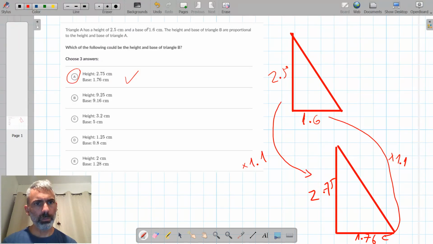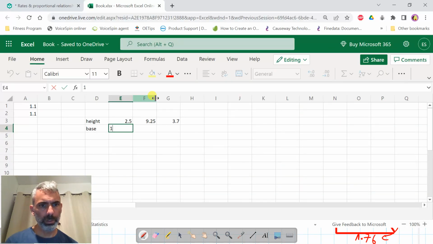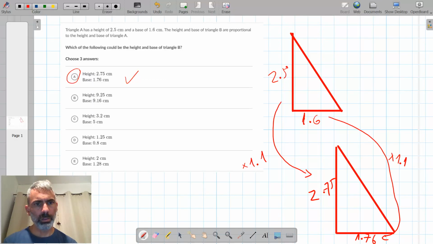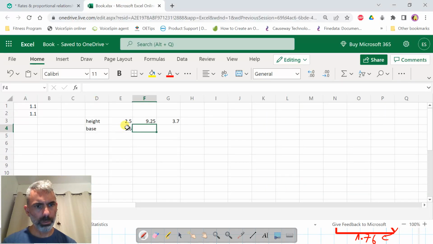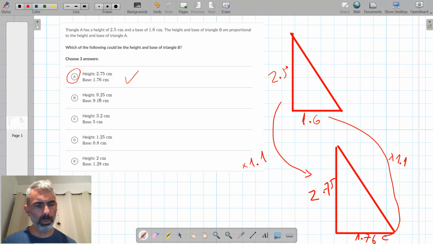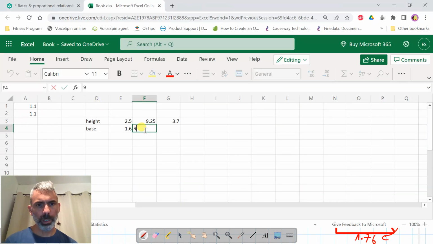And here we have a base of 1.6 and a base of 9.16.